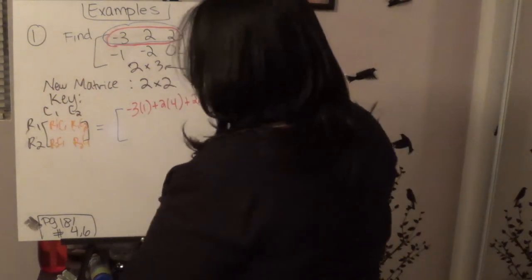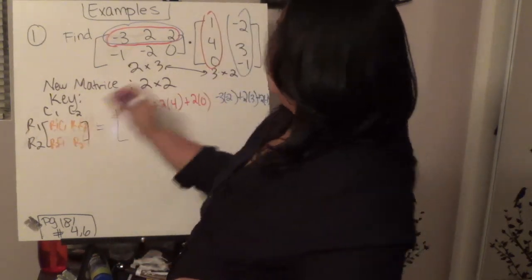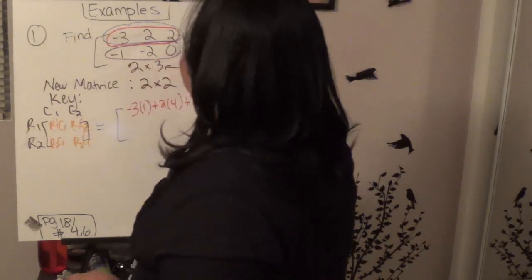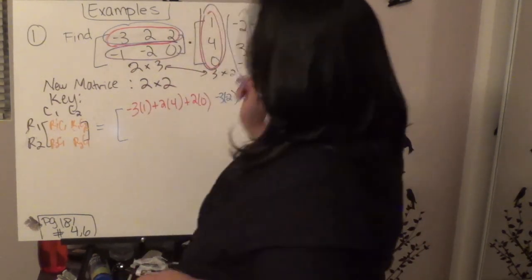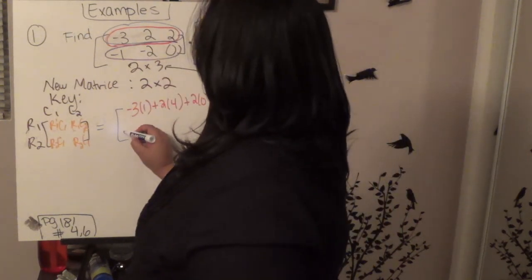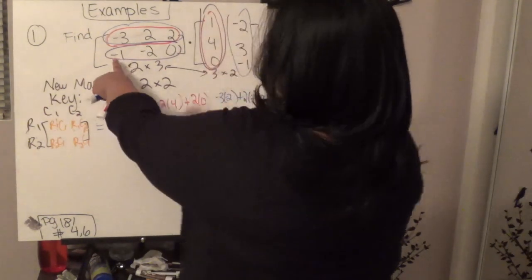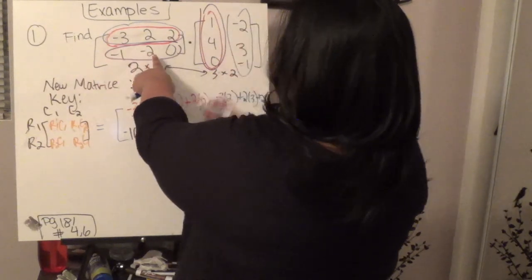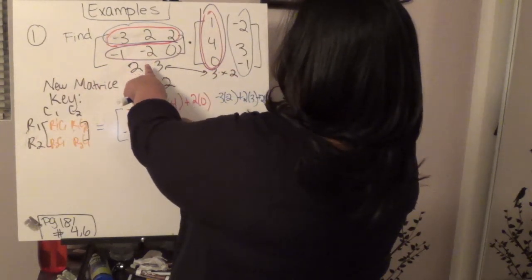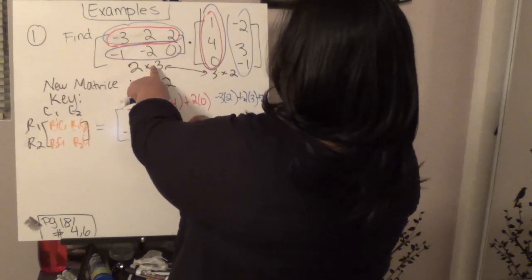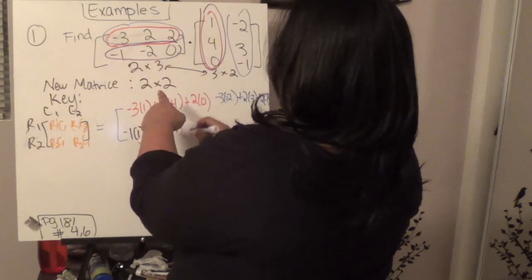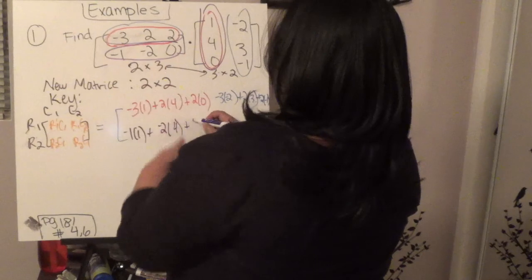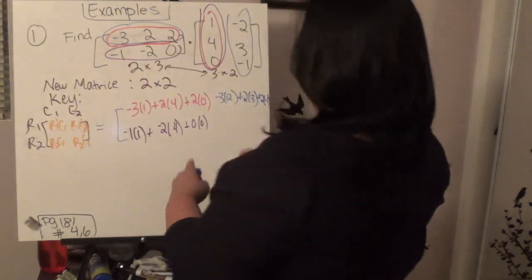Next one, this one says row 2, so I'm going to do row 2, column 1. See how the key is important? Row 2 is negative 1 times 1, and we go down, plus negative 2 times 4, okay, and then plus 0 times 0.